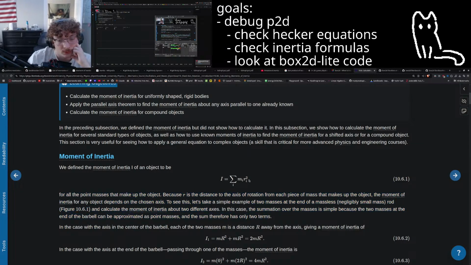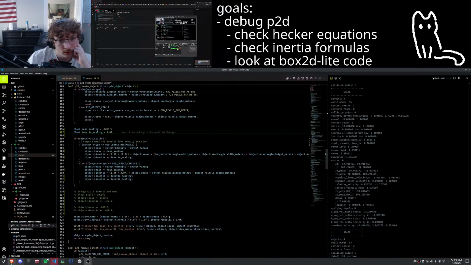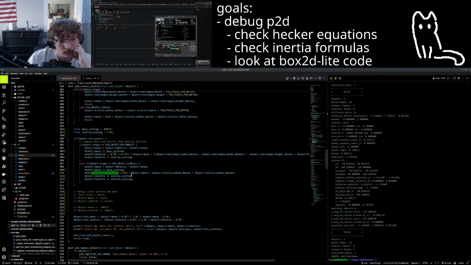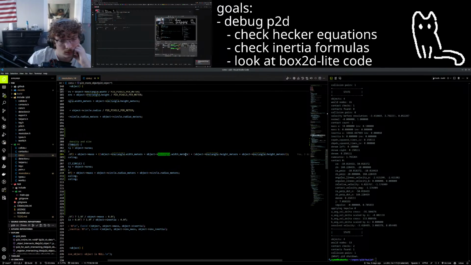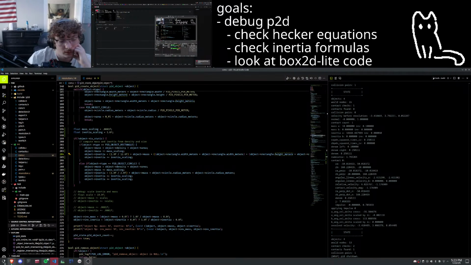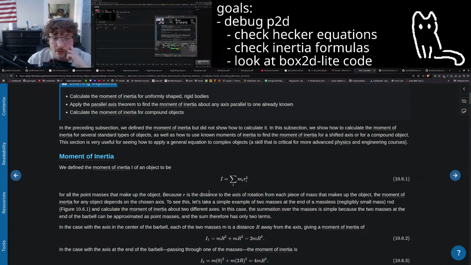So for a circle, it's the radius. And for a rectangle, width plus height. I don't know if I fully understand that.